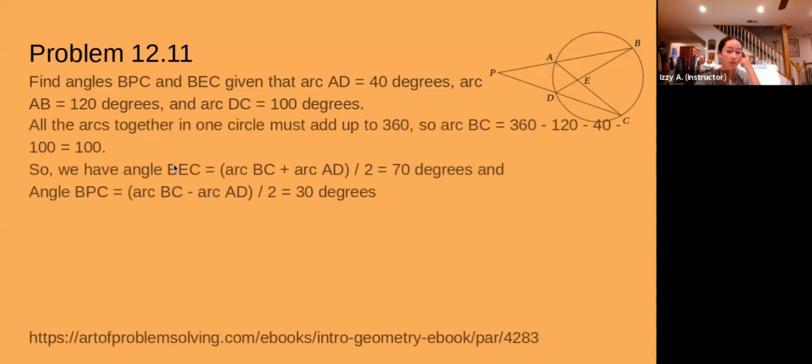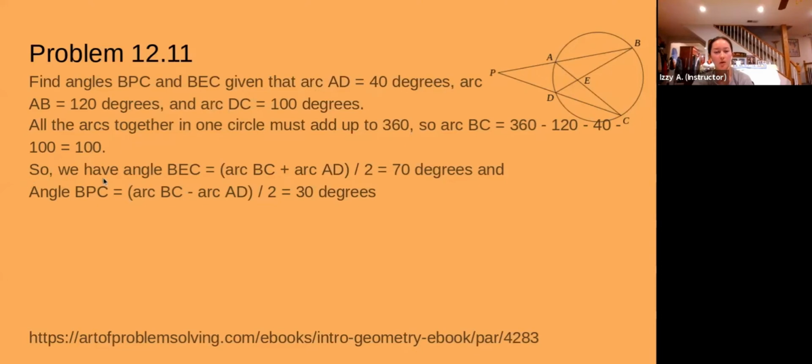So all the arcs together in one circle have to add up to 360 degrees. So in this case, arc BC would be 360 minus 120, which is arc AB, minus 40, which is arc AD, minus 100, which is arc DC, and that's going to equal 100 degrees.